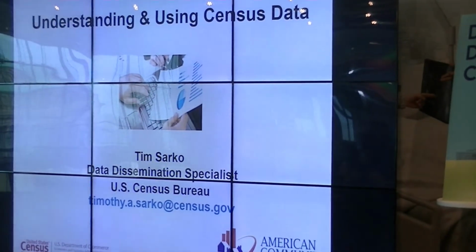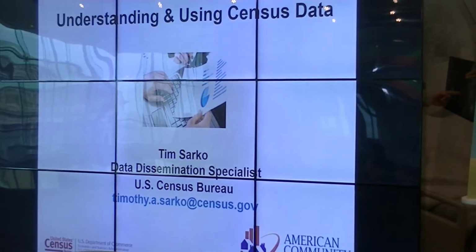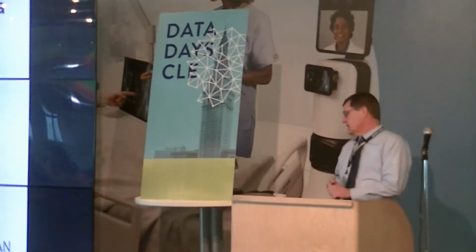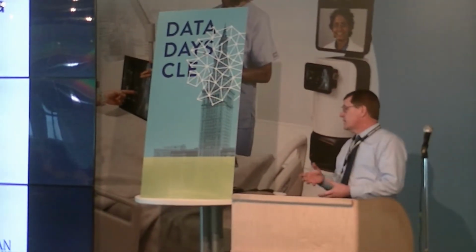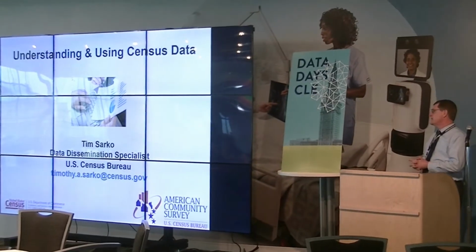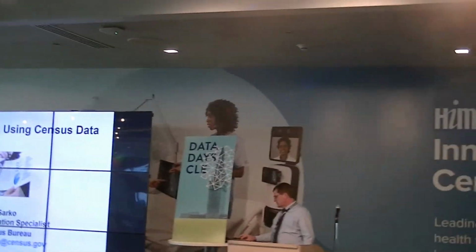Today, before I get started with the actual American Fact Finder demonstration, I just wanted to give you a background on some of the data that we have. Just a general background on using census data, the different types of data that we have. So I'll go ahead and show you.